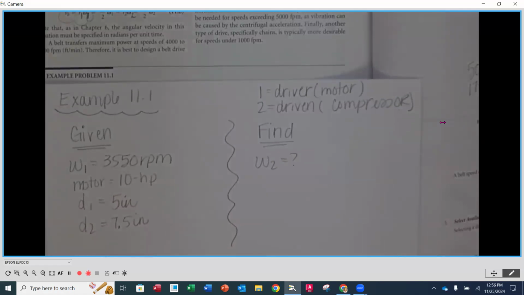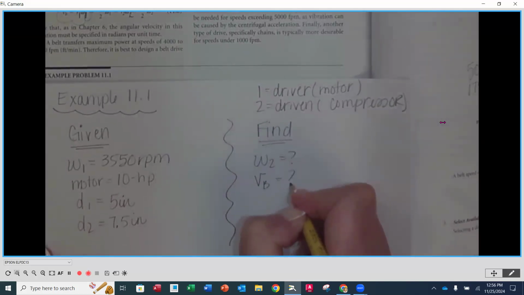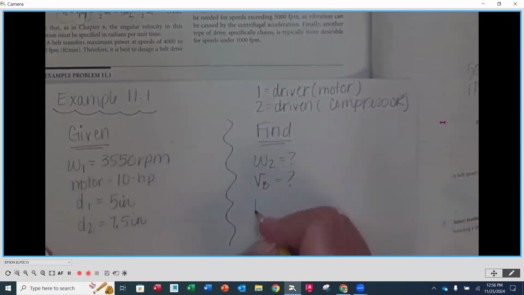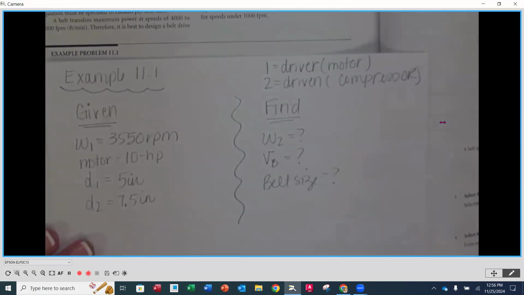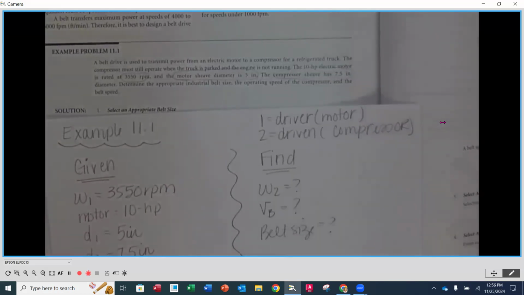Also the belt speed, VB, okay. And Ben put in here belt size. Those are the three things in the last statement: appropriate belt size, the operating speed of the compressor, and the belt speed. They're not telling you, you've got to find W2, you've got to find VB. You have to make sure that by the descriptions, you start putting those things together.